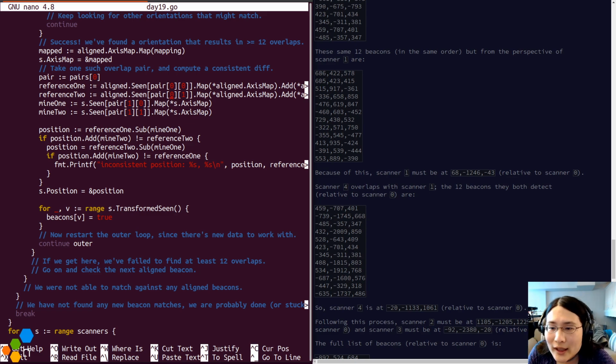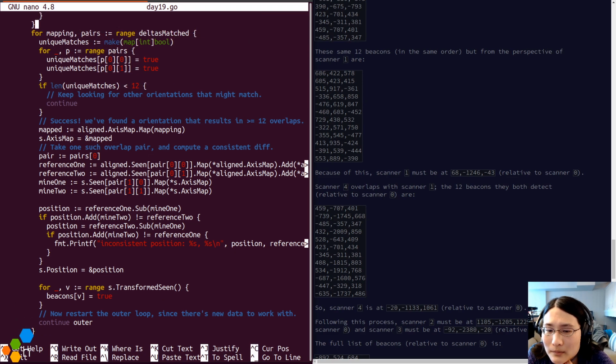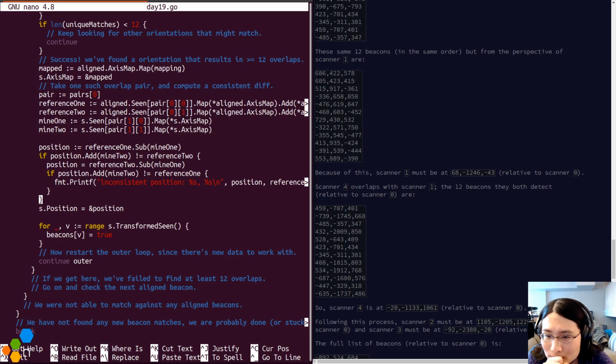Okay, so I'm pretty sure that the problem is applying the mapping. So that means I need to check my matrix math. I'm pretty sure that's the problem.